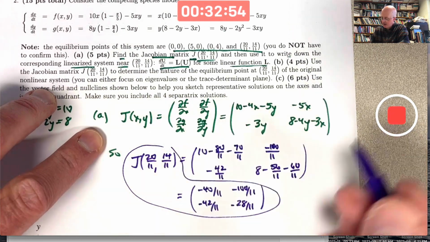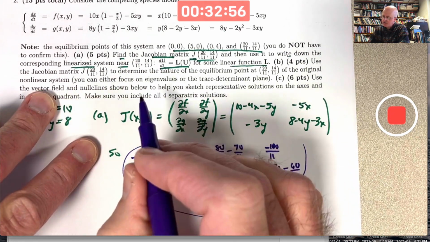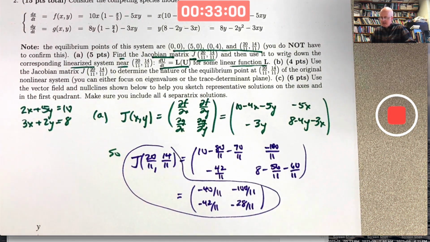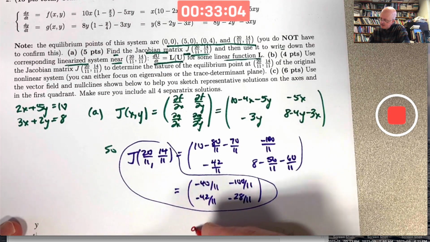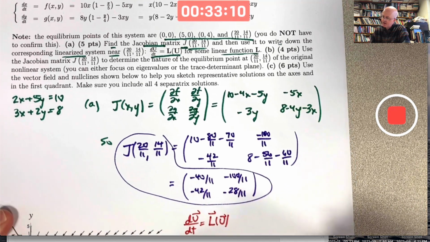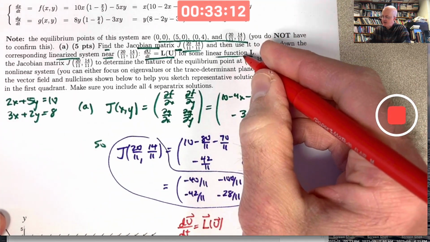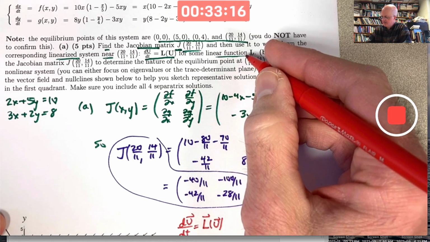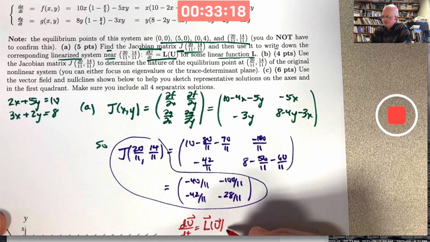So we did part of part A. What's the other part? Write down the corresponding linearized system. du dt equals L of u, where L is some linear function. Really a linear transformation. What linear function?